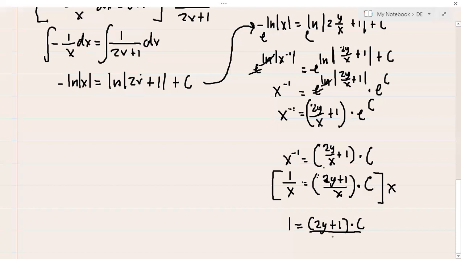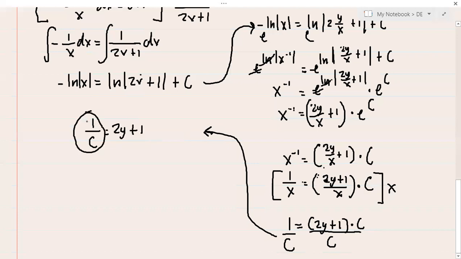Or, you can simply divide both sides by c, in which ang sagot nito magiging 1 all over c is equal to 2y plus 1. But remember, anything divided by an arbitrary constant or vice versa, the answer is still arbitrary constant pa rin siya.